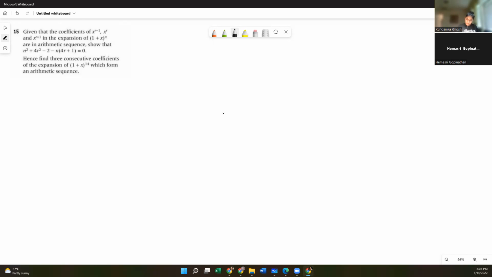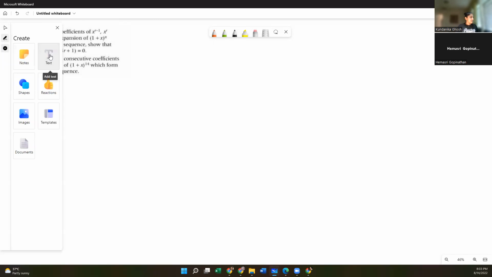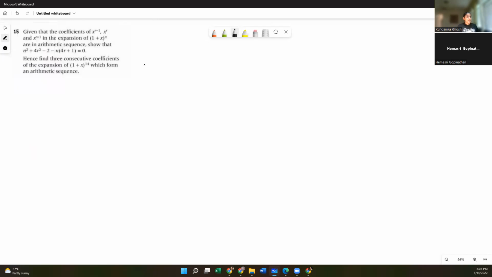We're starting here. And did I go back here for case 1 and case 2? Hence find the 3 consecutive coefficients of the expansion. Okay, great. Is there like a typing feature on here? Well, typing won't really help. Whatever, I don't care enough. Okay, what we're required to prove is RTP. Wow, it's nice and thick. I like that. What we're required to prove here is that the coefficients of blah blah blah.